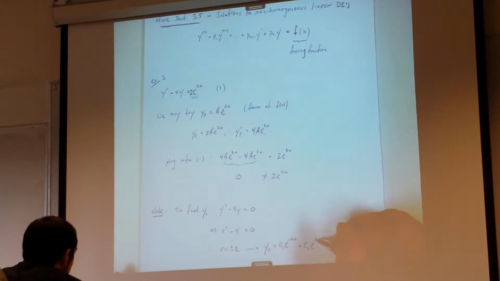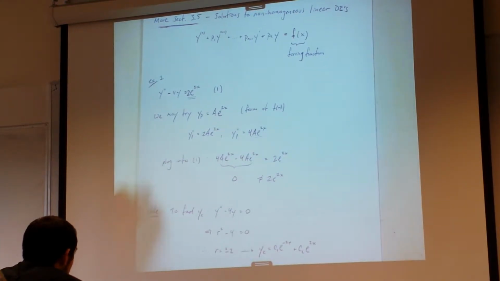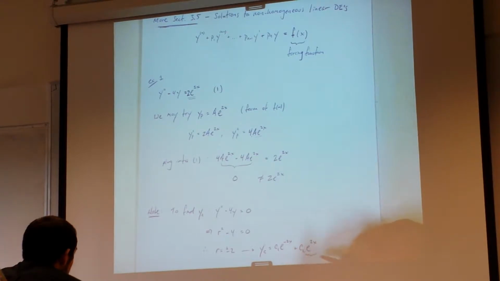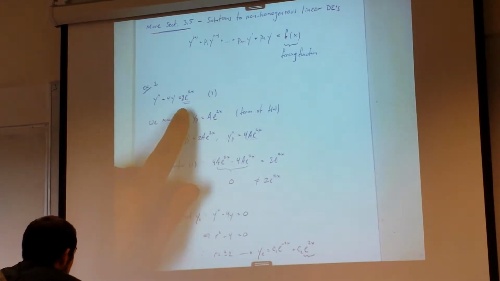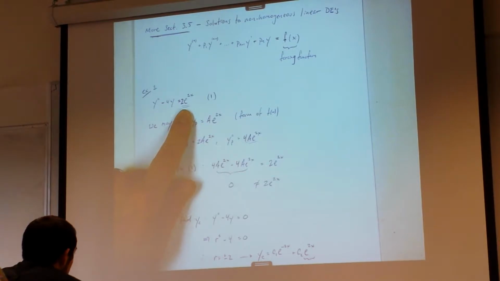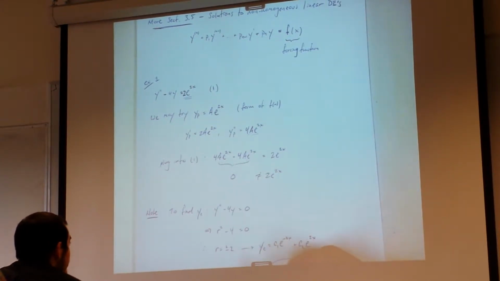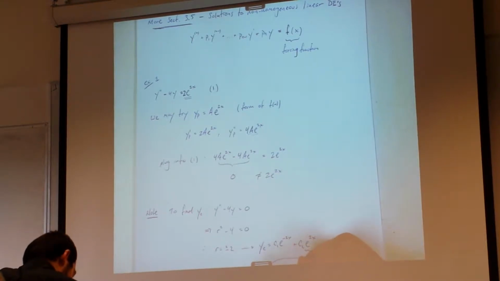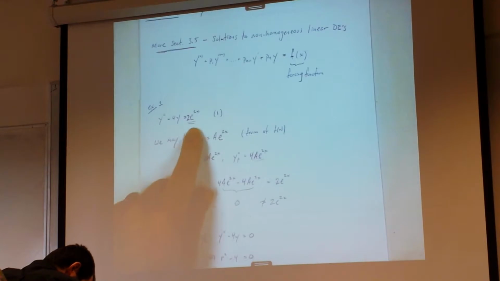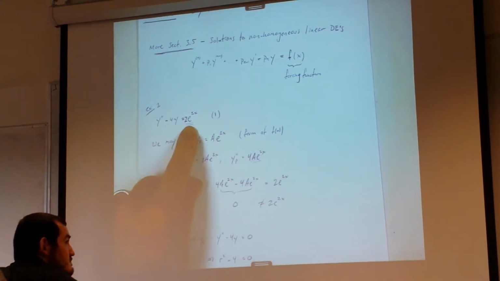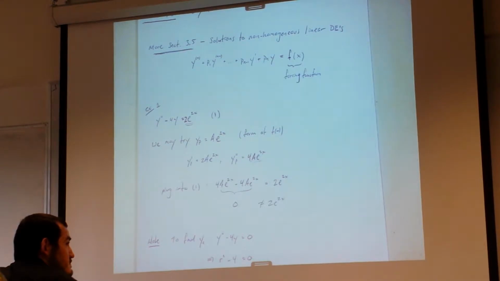What do you notice? That includes the form of our f of x. f of x is included in the complementary function. So one way to put that is that y sub c contains f of x. Therefore, any form of f of x or constant multiple of that would be a solution to the homogeneous equation, not the original non-homogeneous.